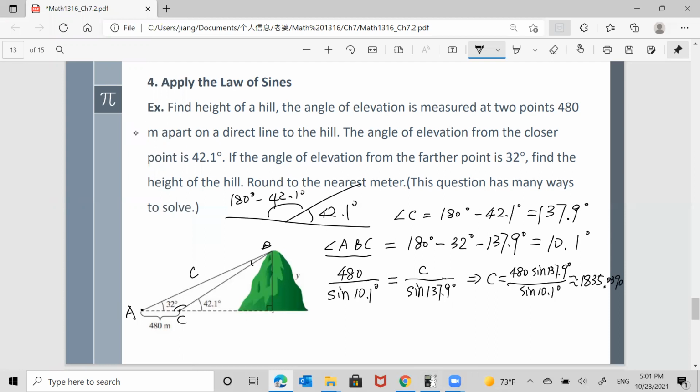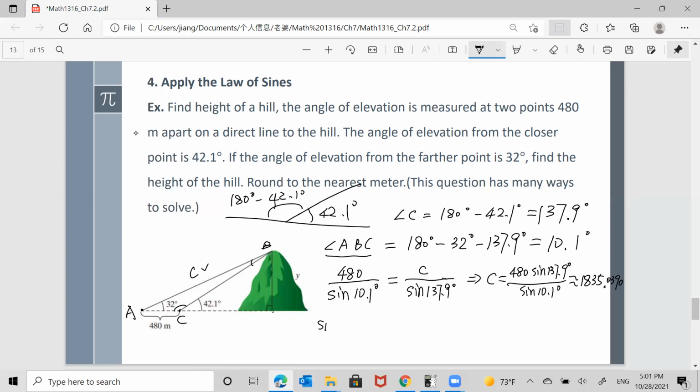Next step, because this is the length of C, this one. So in this big right triangle, the relationship between C and Y is sine A equals Y over C, opposite over hypotenuse.